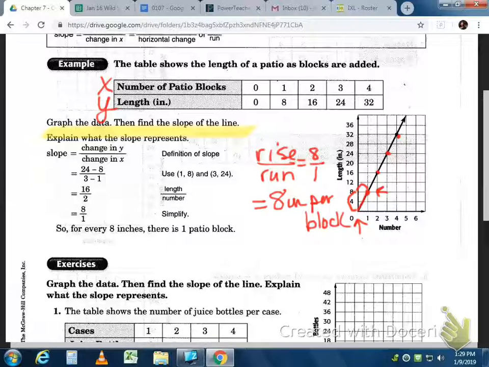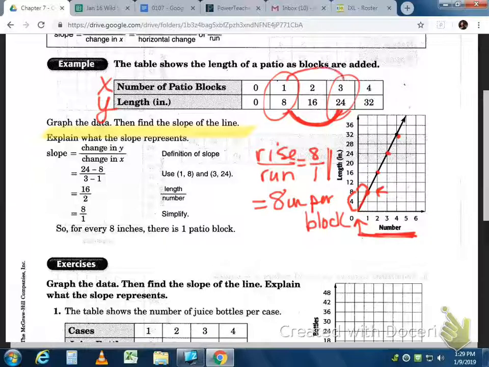They did it another way. They picked 2 of the points out. It looks like they picked out 1 and 8 and 3 and 24. Be aware that the number is x and the length is y. So what was the change in the y? Remember, the y's first. So 8 to 24 would be 16.